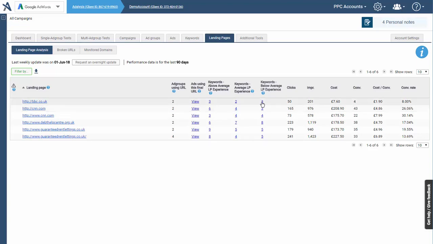Then you can click to see what keywords are poor and start to find trends, so that you can work with the design team or content team to change the page. In a case like this, we have 8 keywords good, 5 poor. So these are probably great staying on this page. These other 5 may need a different page. So the landing page analysis lets you see how pages are doing across ad groups, how many ad groups they are being used in, and how many keywords have above average and below average landing page experiences.